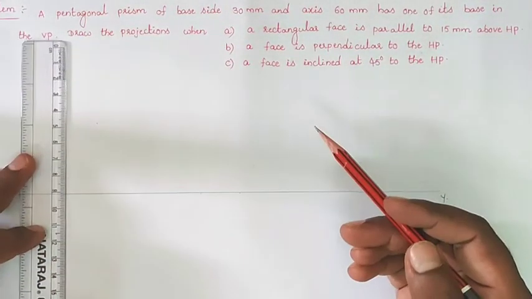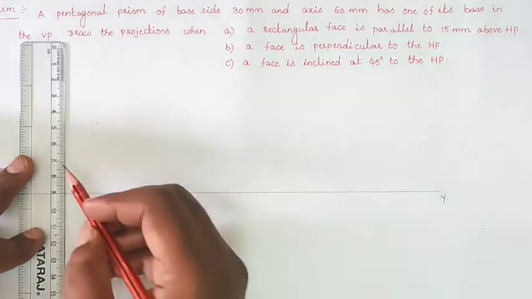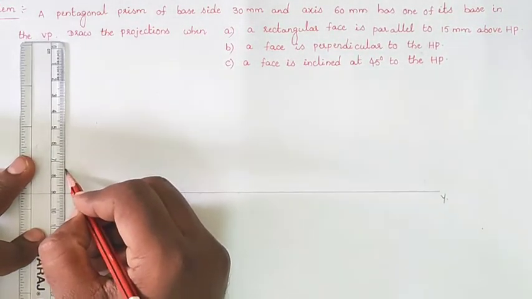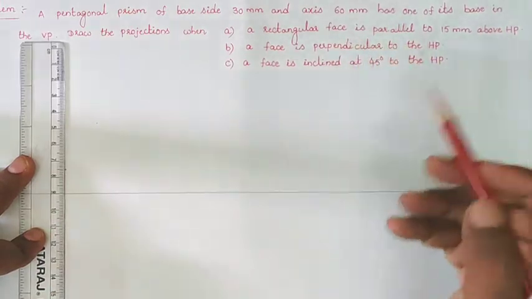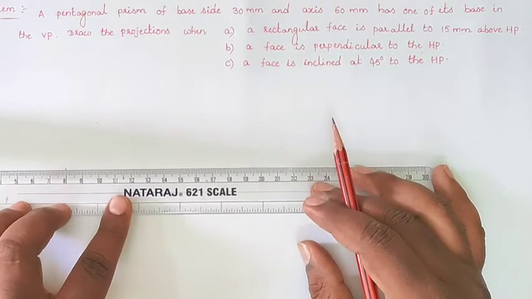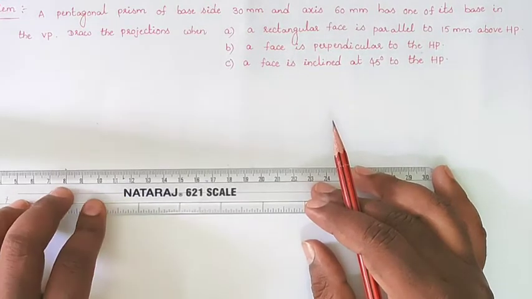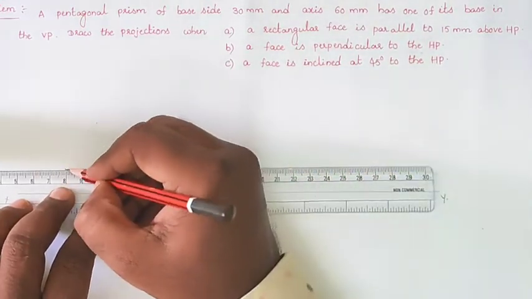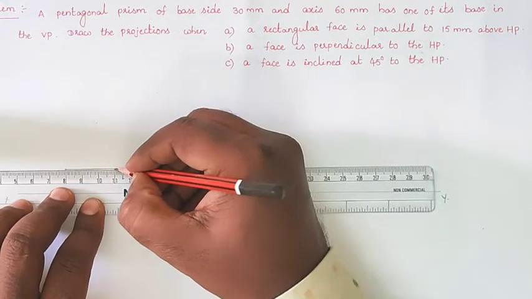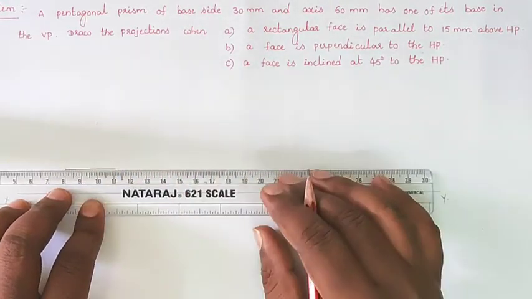So take 15 mm above the reference line and draw the side of the pentagonal prism parallel to the reference line.